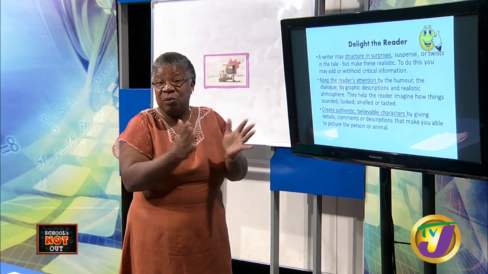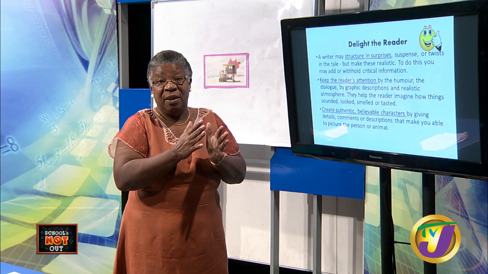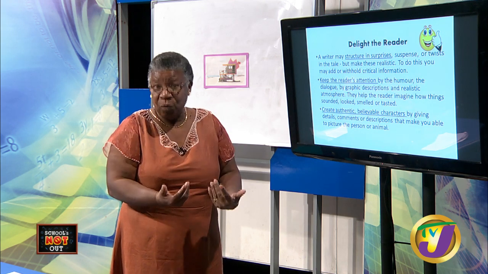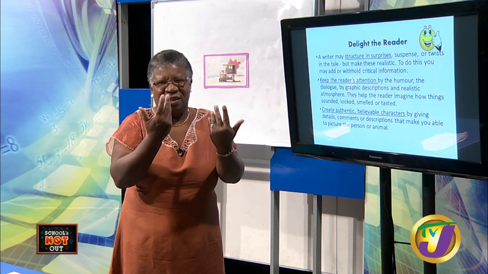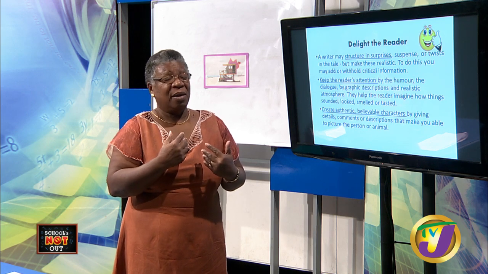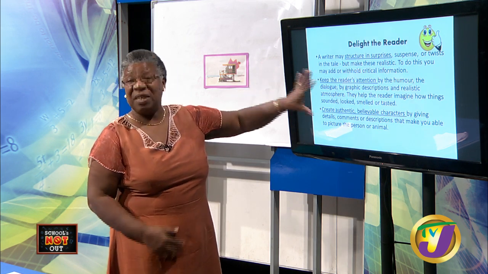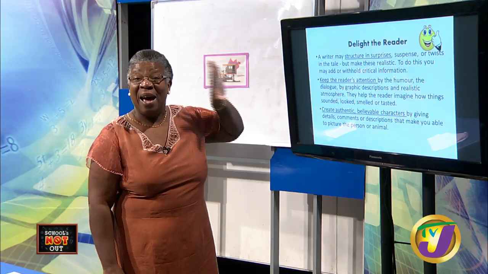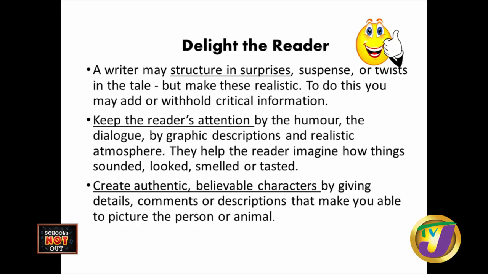All of those fit together to help your reader to picture what's going on. So this is what you're aiming at, and this is what your examiner aims to score. Your examiner wants to give you a high mark because you have delighted them. Very, very important.